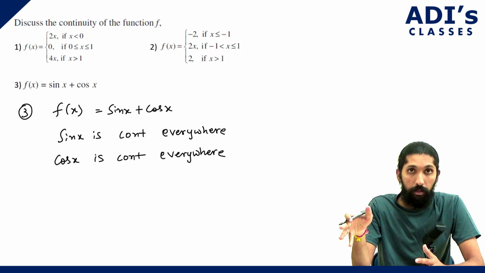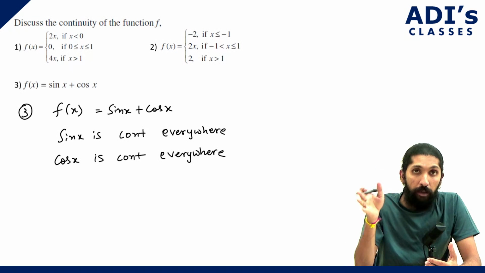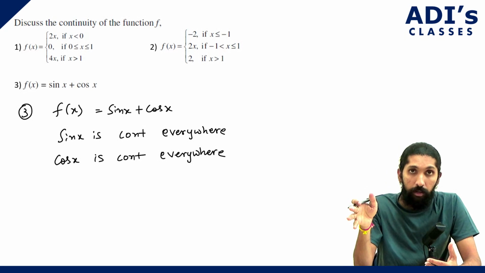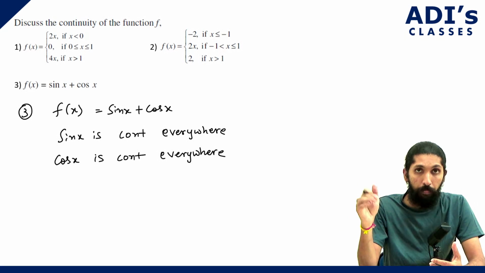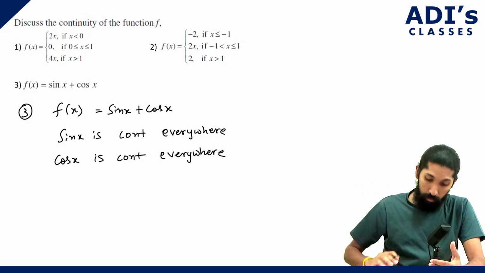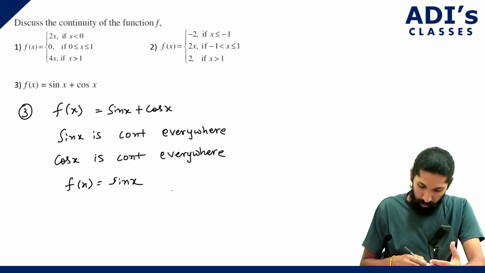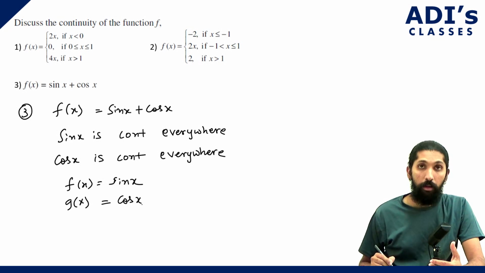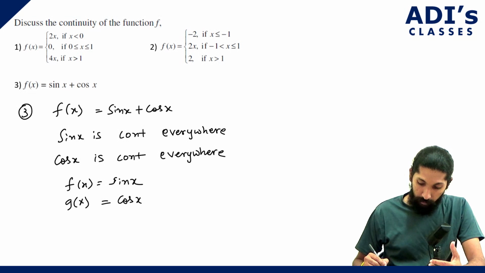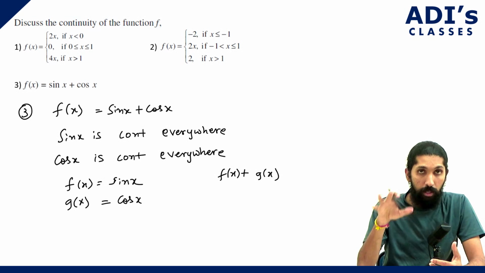Now according to the algebra of continuous functions, if both f and g are continuous everywhere, then the sum of two continuous functions is also continuous, isn't it? We have proved that in the last video. So what do we have here? Let f of x is equal to sin x, alright, and let's say g of x is equal to cos x. Now what do we have here? We have f of x plus g of x. So sum of two continuous functions.